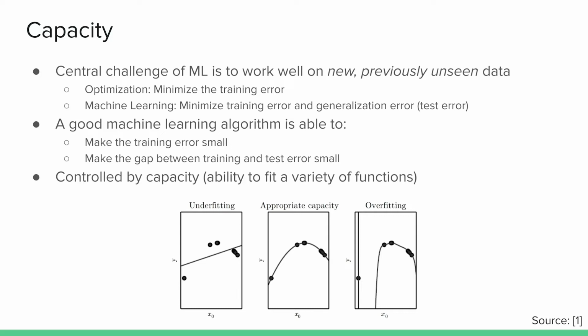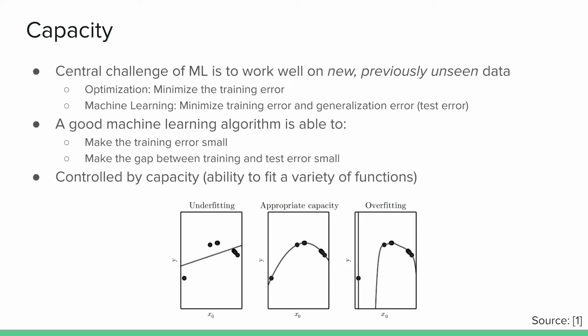As you can see in this example, you can have underfitting when your model has too low a capacity, where it can only predict a line, but our data is not coming from a distribution of a single line. So this will be underfitting.